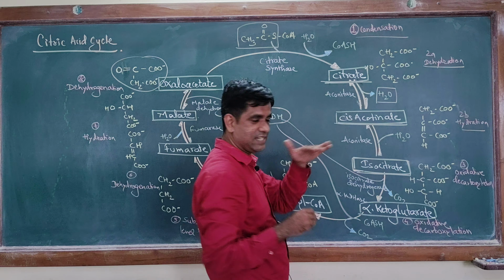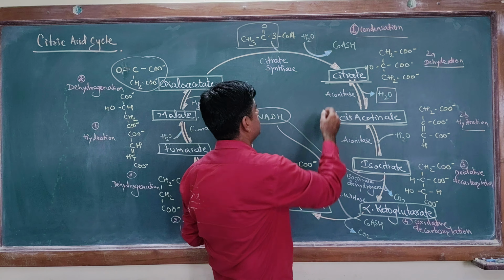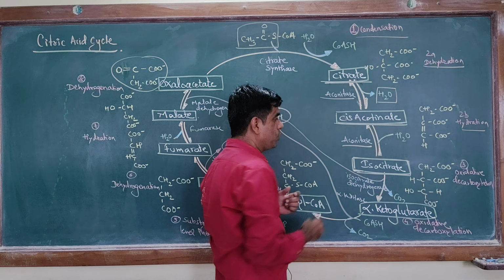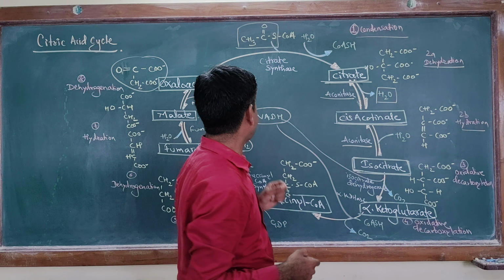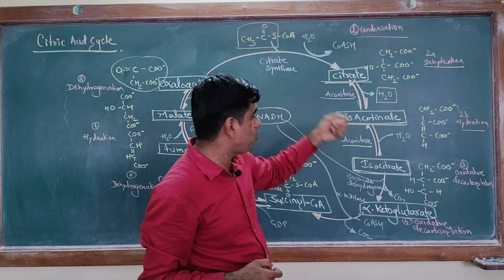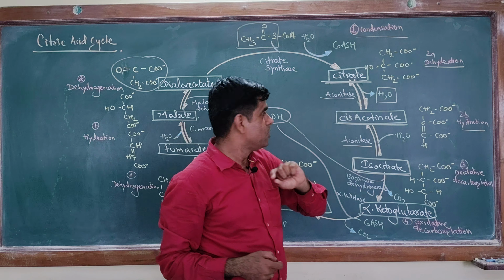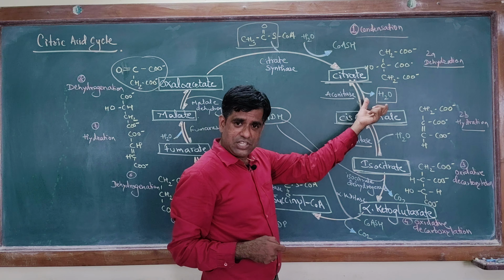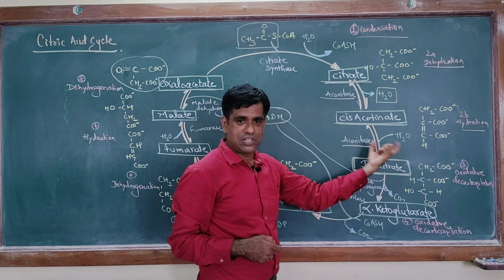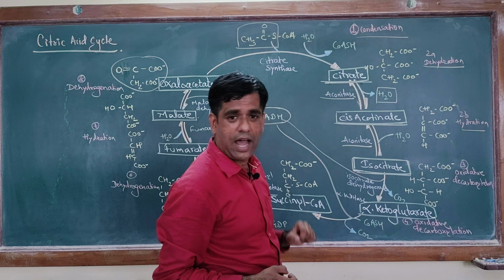Your second step we divide into 2A and 2B. They occur very quickly, catalyzed by the same enzyme, aconitase. The aconitase enzyme converts citrate into isocitrate via the intermediate cis-aconitate. So dehydration followed by hydration: remove water, add water, and you form isocitrate.